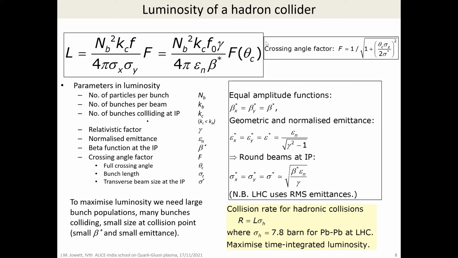The gamma comes in here because what matters is the effective cross-section of the beams, which is 4 pi times the RMS sizes in x and y in the simplest case. This is related to the so-called normalized emittance epsilon sub n through these formulas here. Epsilon sub n is normally quoted rather than the geometric.